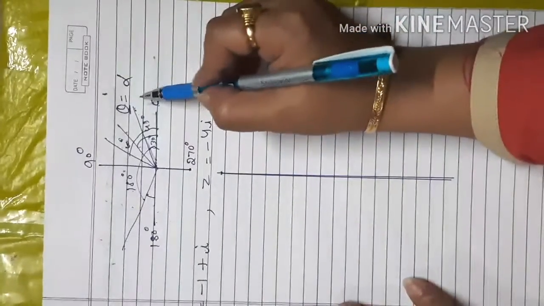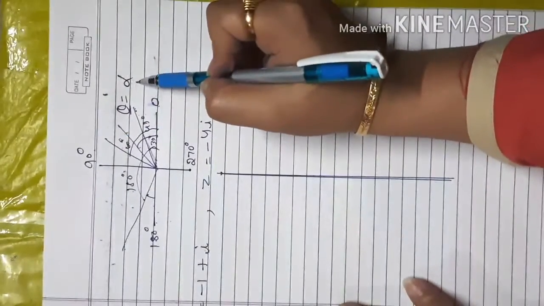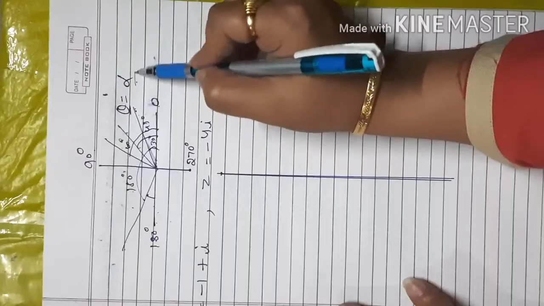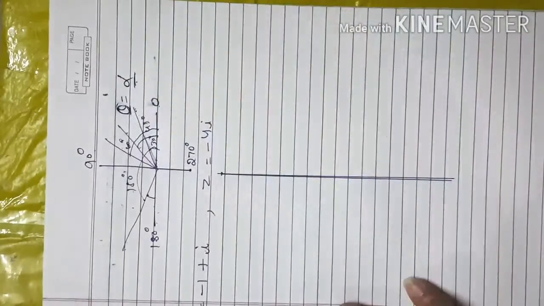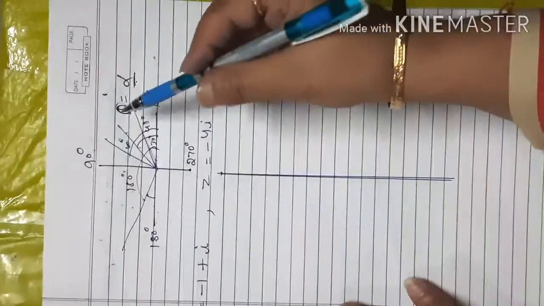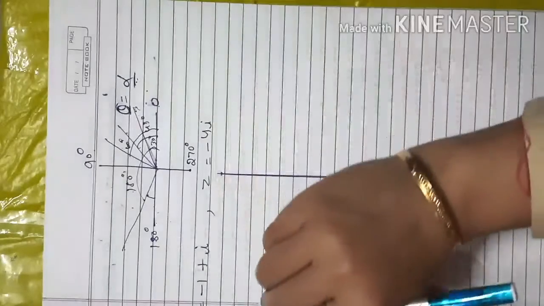If my angle lies between 0 to 90 degree, that means the first quadrant, and my basic angle is alpha, so in the first quadrant theta, where all terms are positive, is the same as our basic angle.